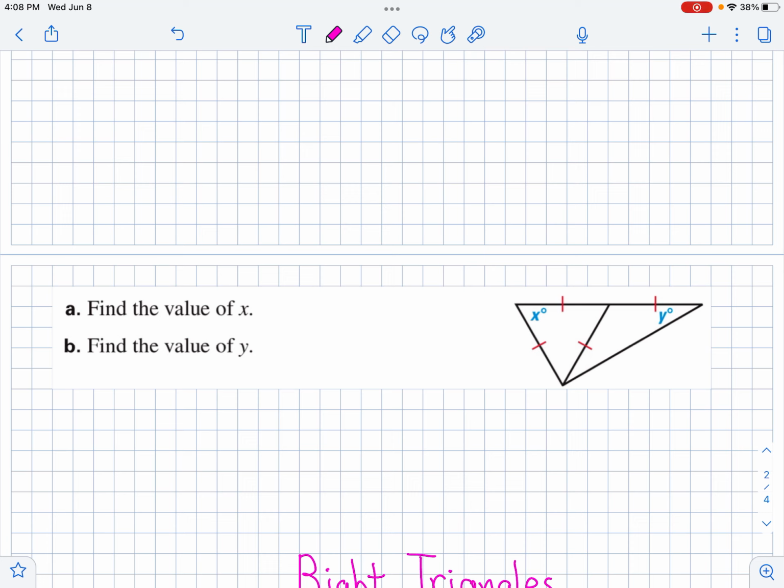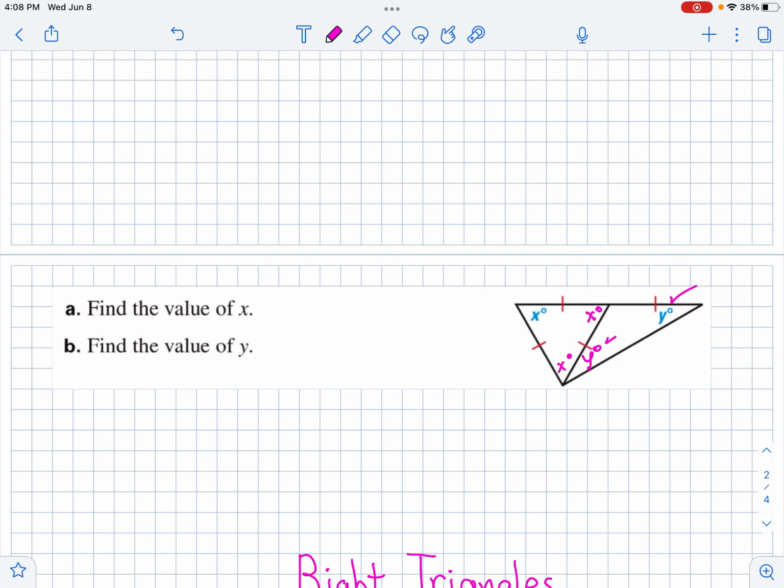Now, we were just told that the angles opposite the congruent sides are also congruent. So this is x degrees, and this is x degrees here. That's an equilateral triangle. Now also on this other triangle, the angles opposite these congruent sides, if this is y, then this is y also.